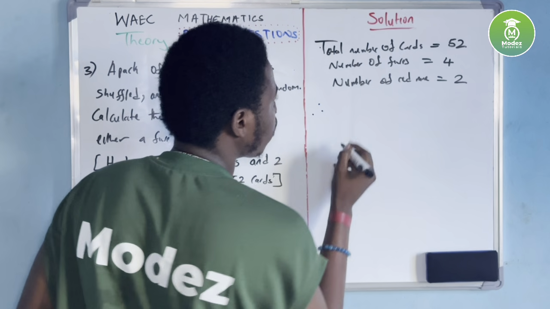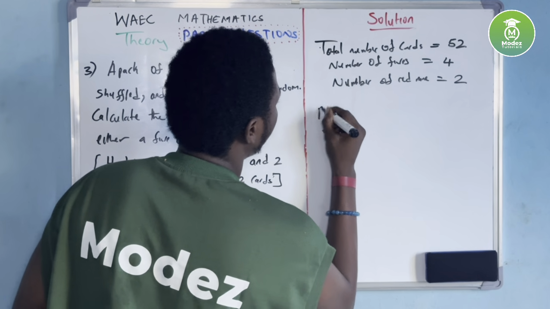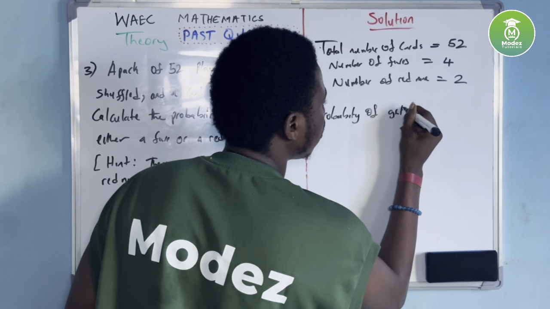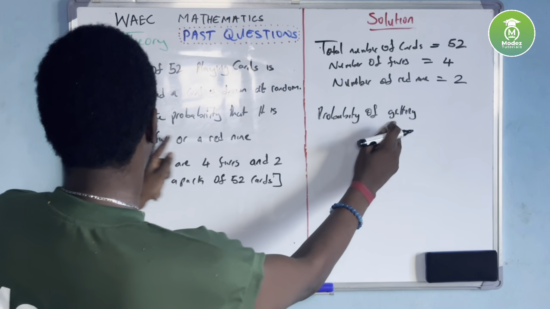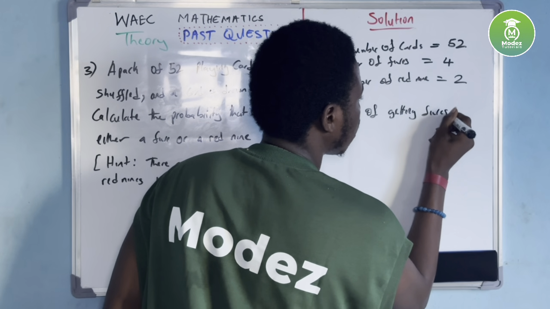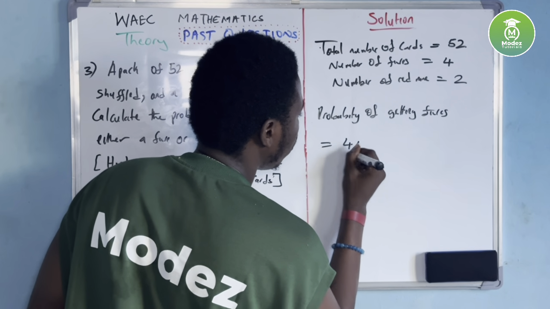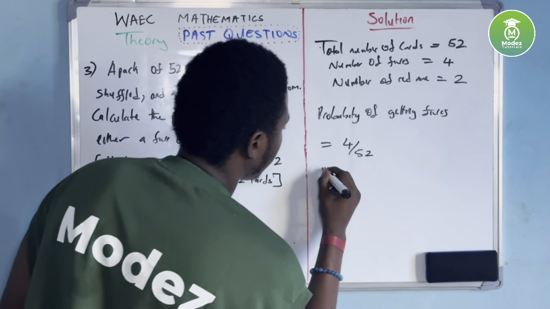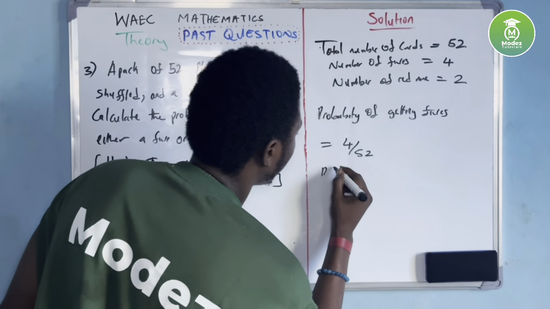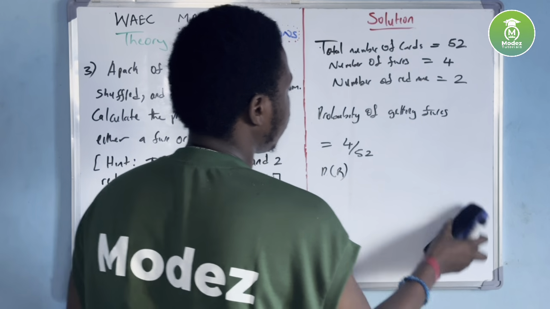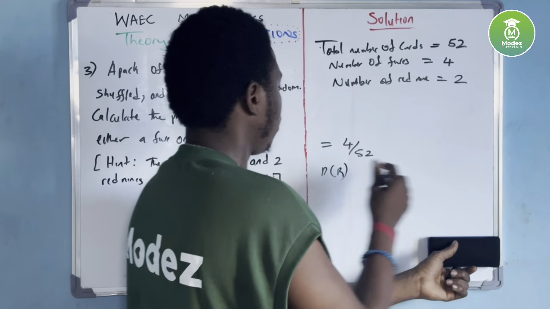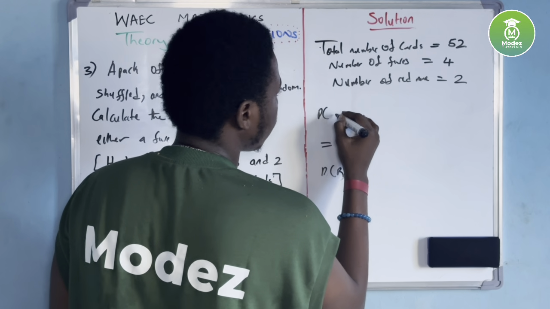So therefore, let me first say the probability of getting fives is equal to 4 over 52. Let me just do something that will not be too long. Probability of getting the red, then probability of getting the fives.